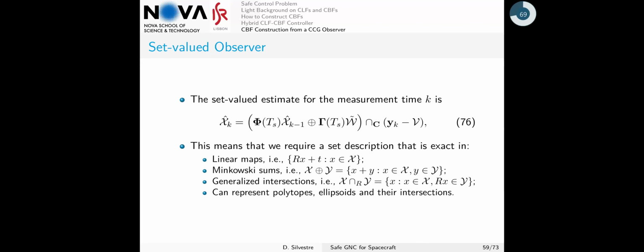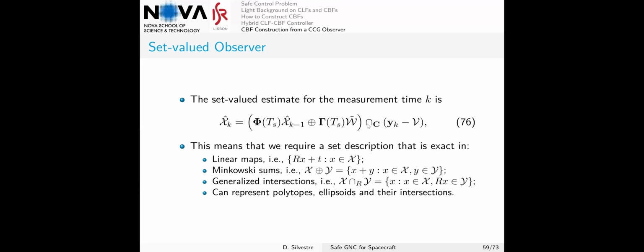If you're probably not aware of set valued estimation, this means that I only need to allow for linear maps. So if my description allows me to represent this operation, then I'm fine. I should also allow for Minkowski sums to be written exactly.